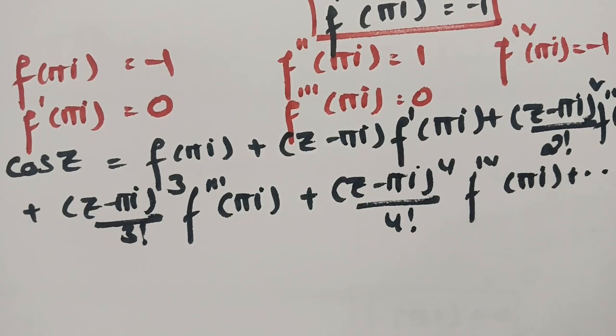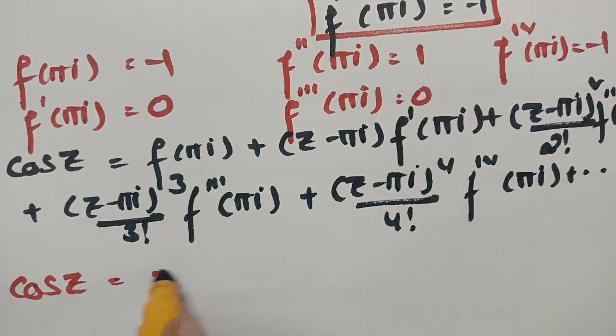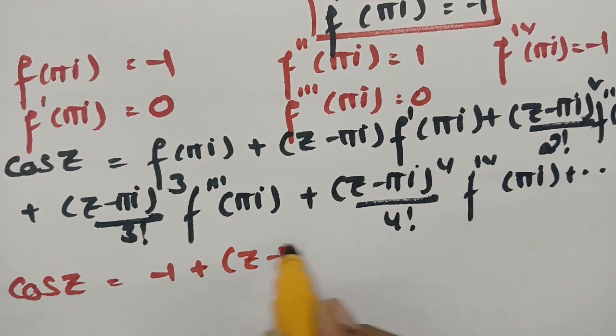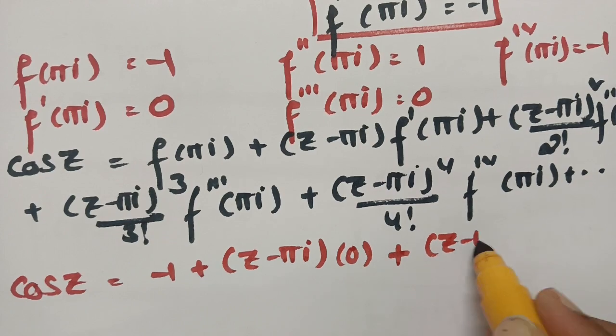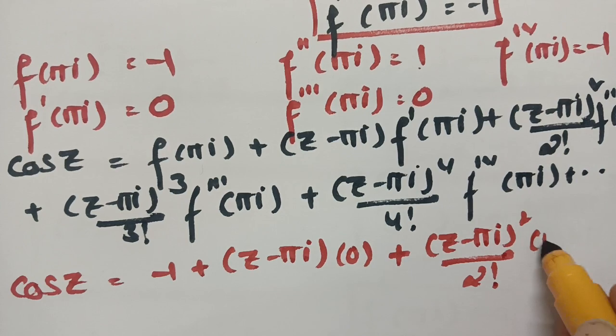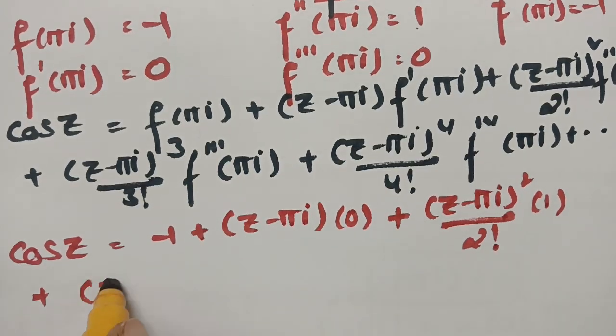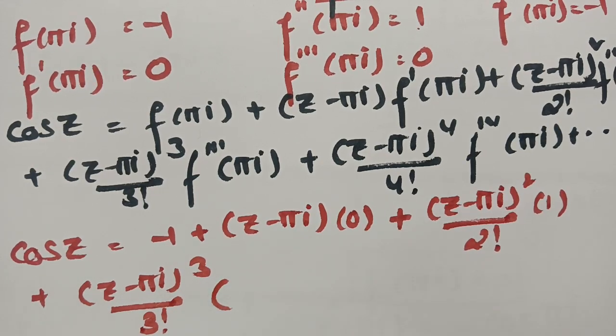Therefore, cos z is equal to f of πi, whose value is minus 1, plus (z minus πi) into the first derivative, whose value is 0. Next, (z minus πi) whole square by 2 factorial into 1, plus (z minus πi) whole cube by 3 factorial into the triple dash value, which is 0.